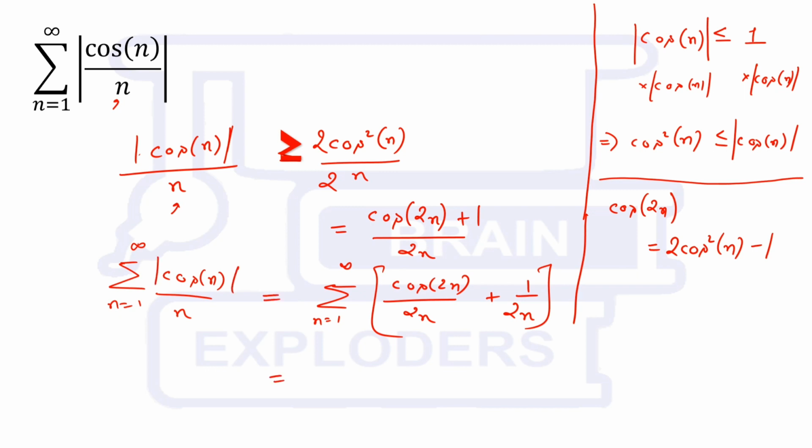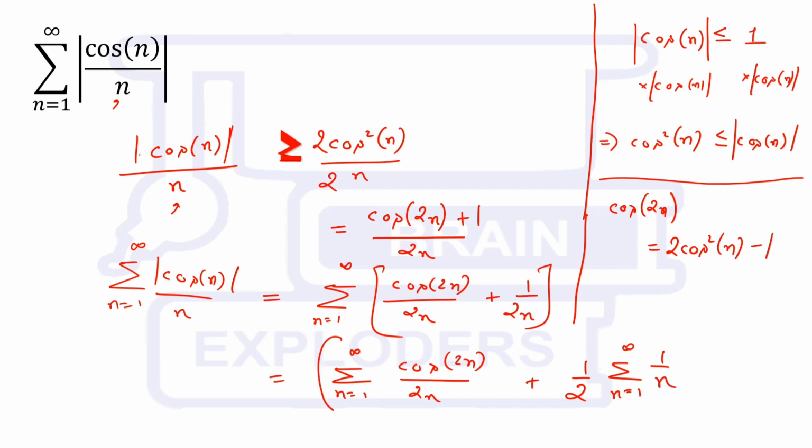Now this summation can be applied to the two terms separately, and 1 by 2 can also be taken common, as it is a constant.